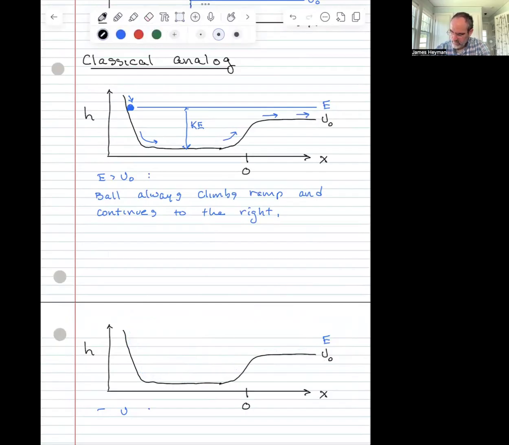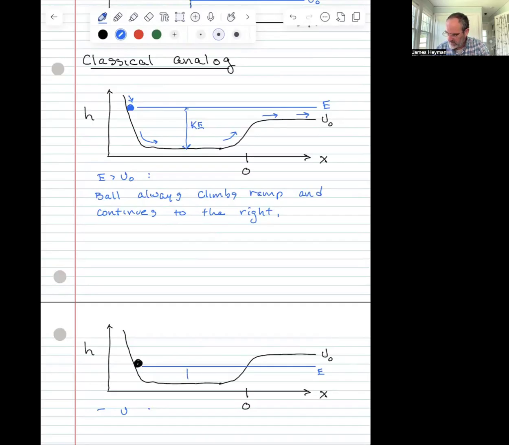The second case will be the case where the ball starts with an energy that's lower than the height of the ramp. It starts at a point lower than the height of the ramp, so that its total energy is lower than U0.